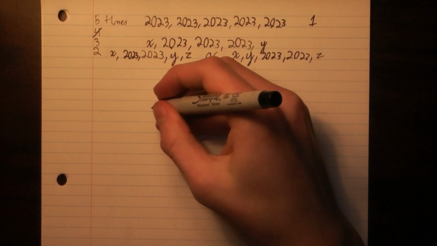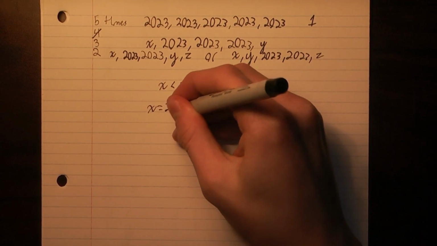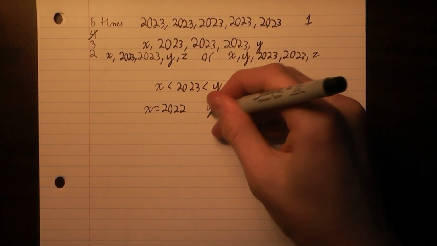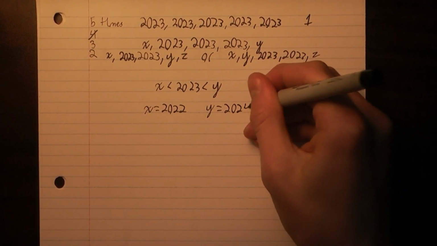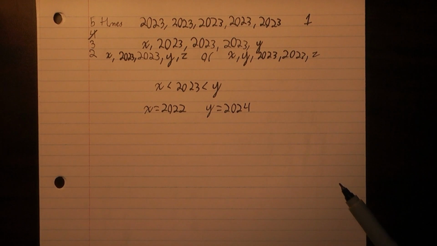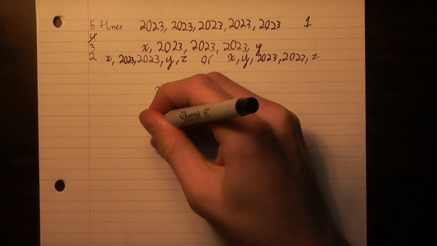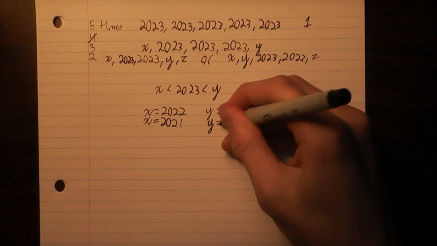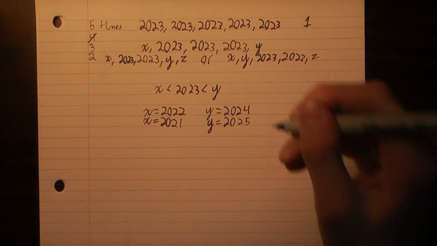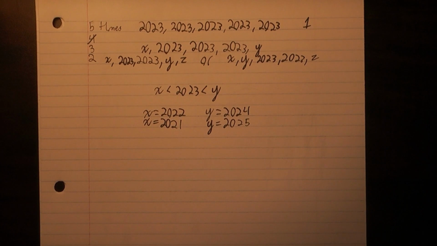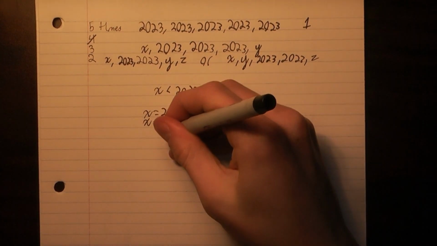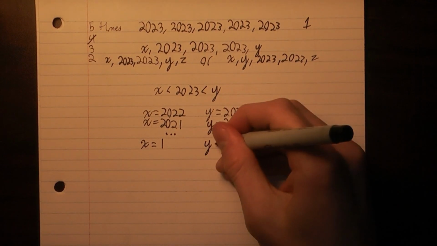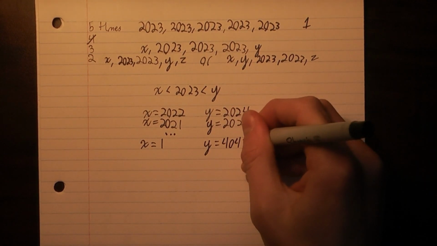So, if x equals 2022, it's 1 less than 2023, therefore y needs to be 2024 in order for the mean to be 2023. Then, if x equals 2021, y equals 2025, and it averages out to 2023. We can keep doing this all the way down to x equals 1 and y equals 4045.